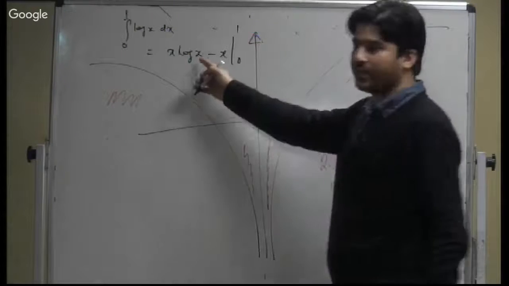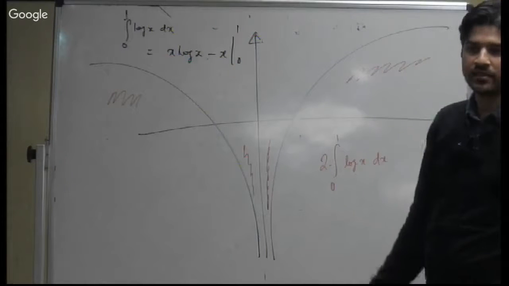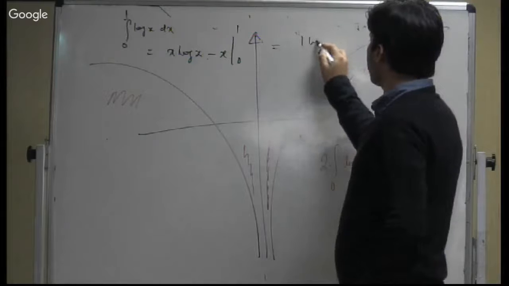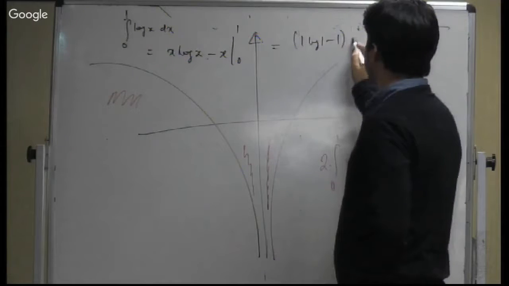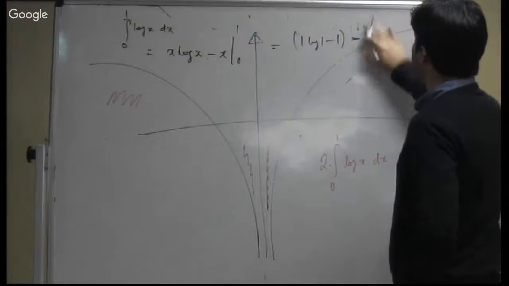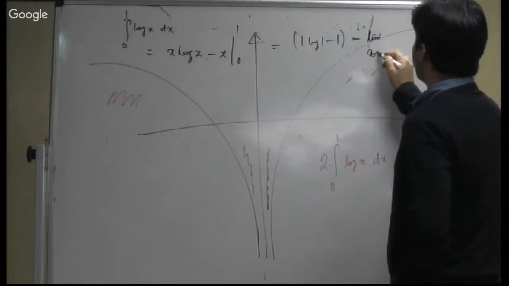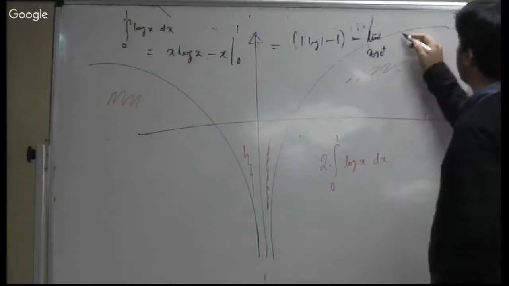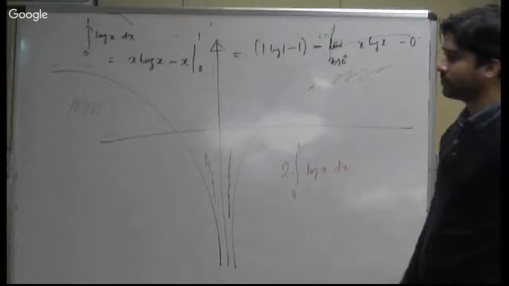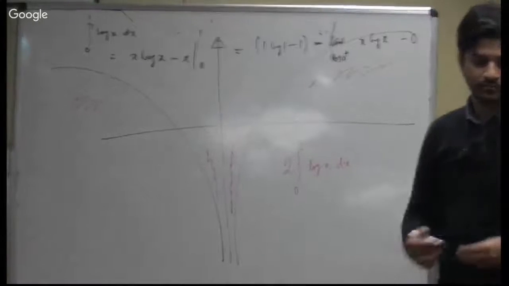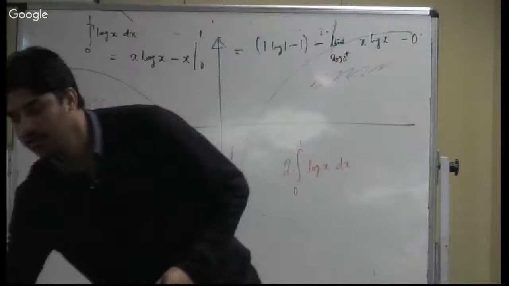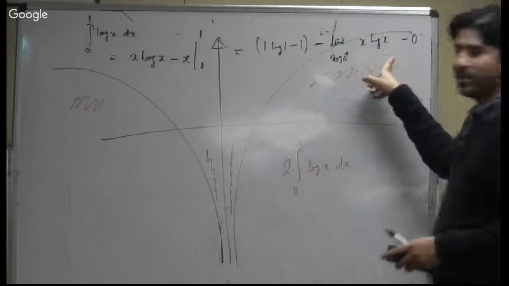This is the integration, x log x minus x. This is the integration, right? So 1 log 1 minus 1 minus 0, sorry, limit x approaching 0 plus x log x minus 0. Right? Huh? यही हुआ था ना?